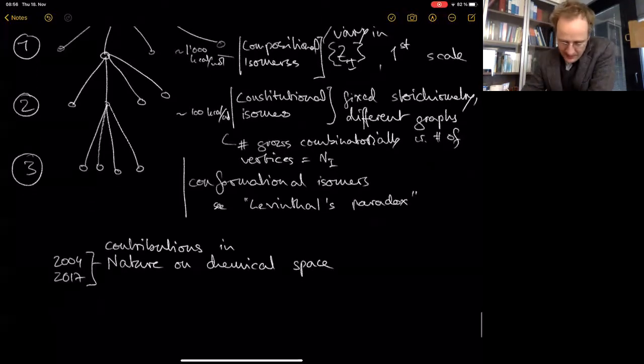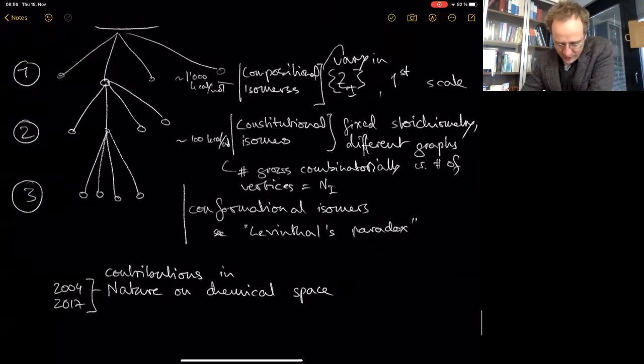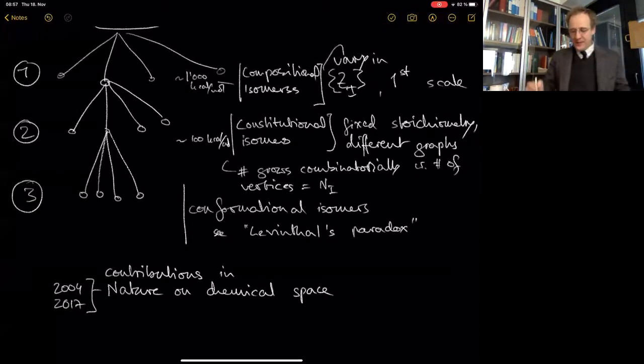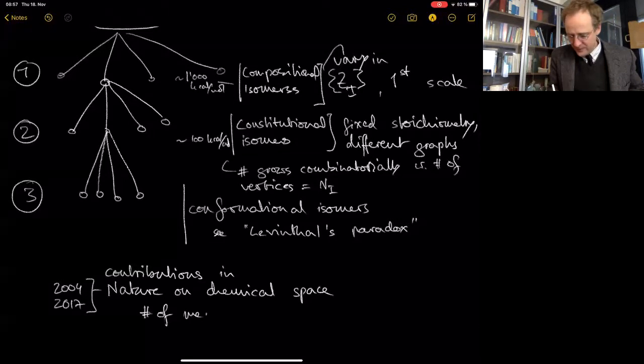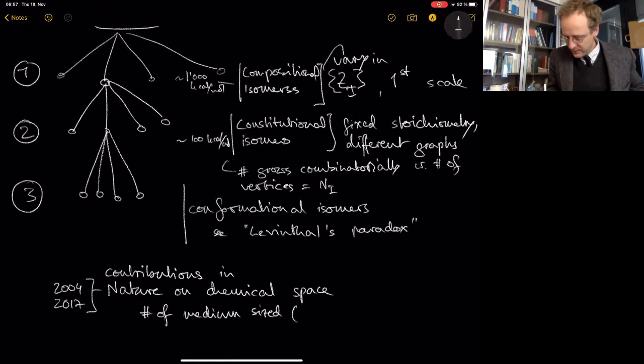Okay. So in these contributions, for instance, the number of medium-sized, right? So that means few or rather small number of atoms, right?